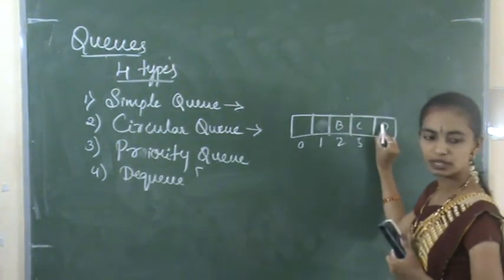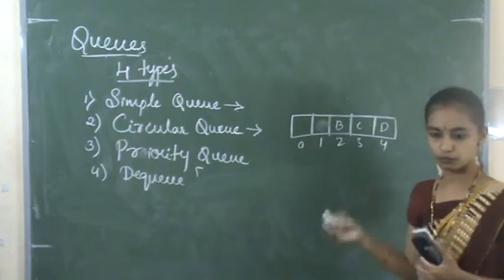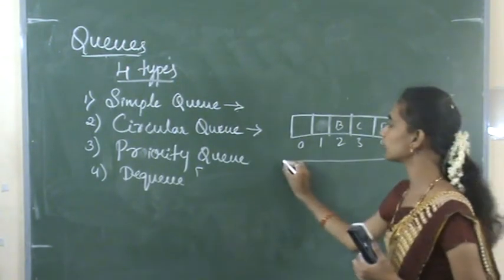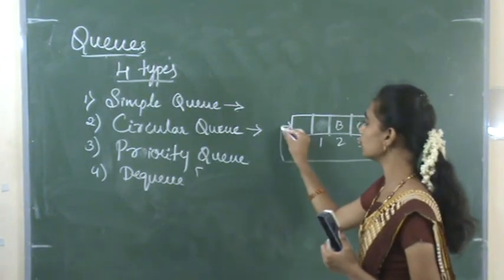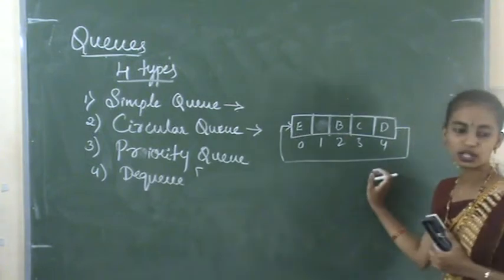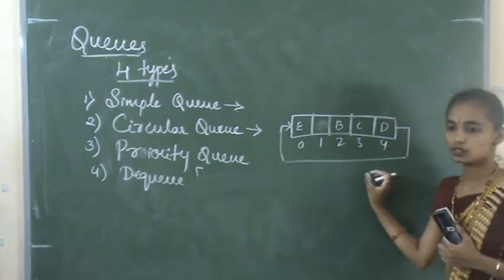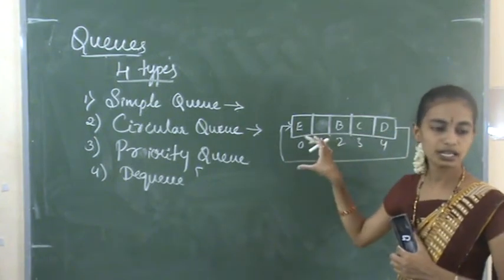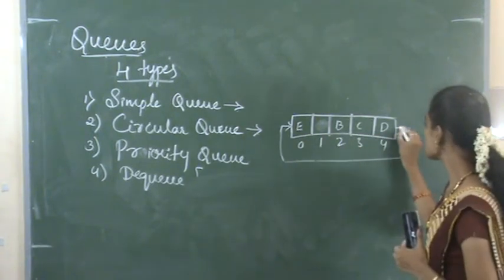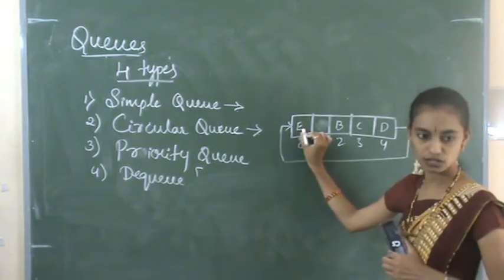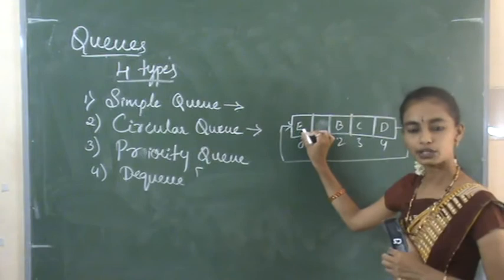All the nodes will be in a circular form, in that the last node will be connected to, or followed by, the first node. So this we call a circular queue. Circular queue means all the nodes are considered circular, in which the last node is followed by the first node.